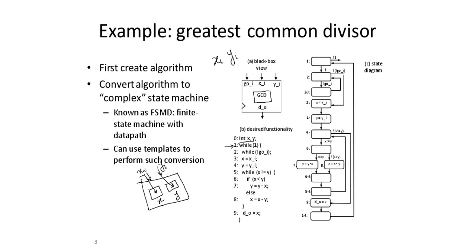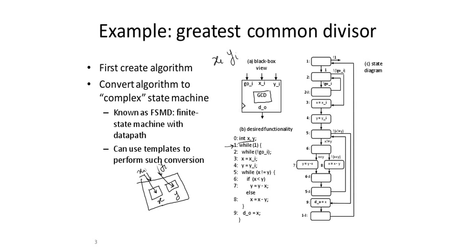Now, while 1, when we want to perform the operation, it will go inside the loop and check whether inputs are available or not. If inputs are available, then input xi will be assigned to x and input yi is assigned to y.